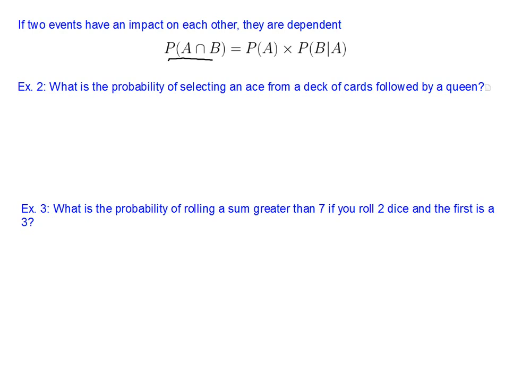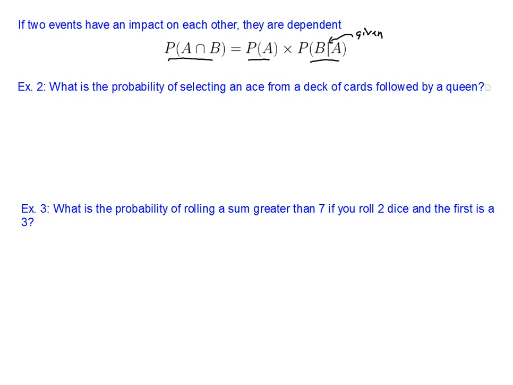Well, that's just equal to the probability that A happens multiplied by the probability that B happens given that A has already happened. It looks a little bit confusing, but we'll go through an example and hopefully it'll make a little sense. This little symbol here just reads given. So let's just jot that down. This is the probability that B happens given that A has already happened.